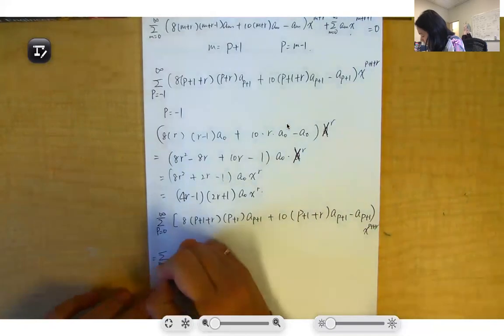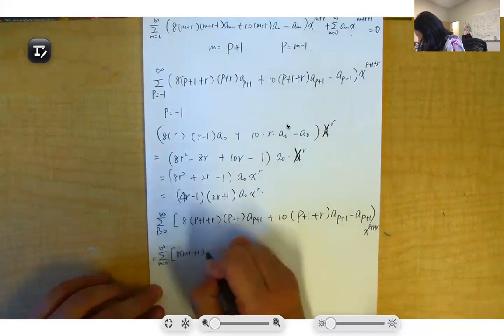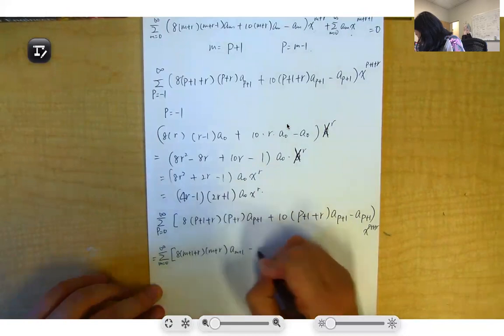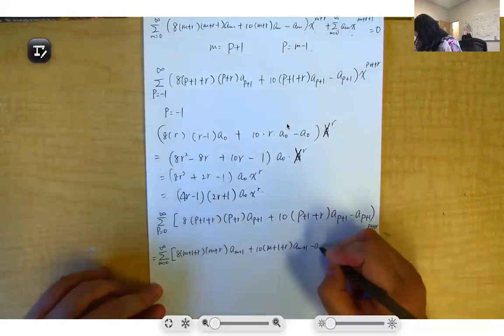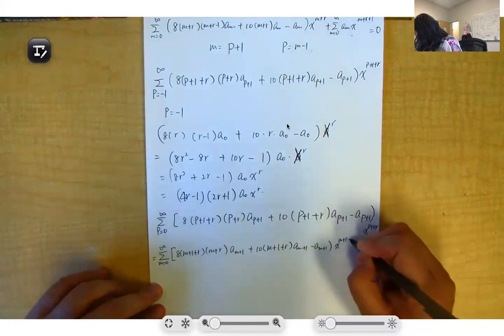So m from 0 to infinity, 8 times (m plus 1 plus r) times (m plus r) a_(m+1) plus 10 times (m plus 1 plus r) a_(m+1) minus a_(m+1), times x to the m plus r plus 1.